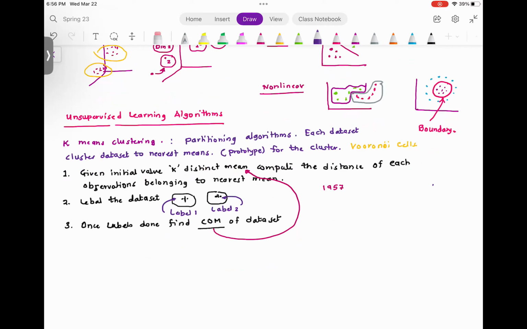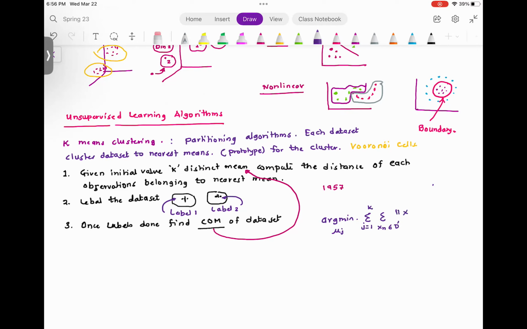Now, if somebody really wants to specify this problem as an optimization problem, it can be written as argmin over the means, with iterations on j equal to 1 to k, and an inner iteration over the data set that belongs to a subset of the universe data set.